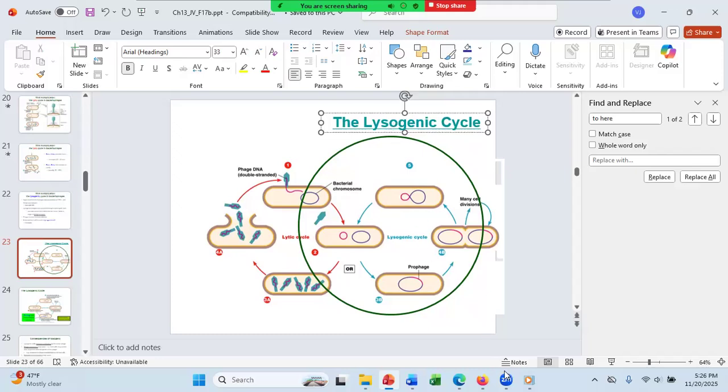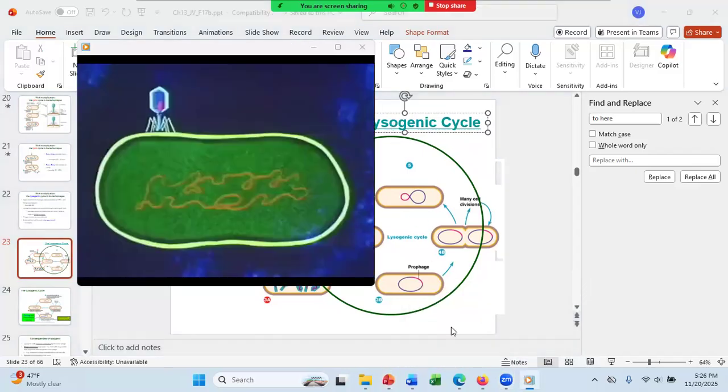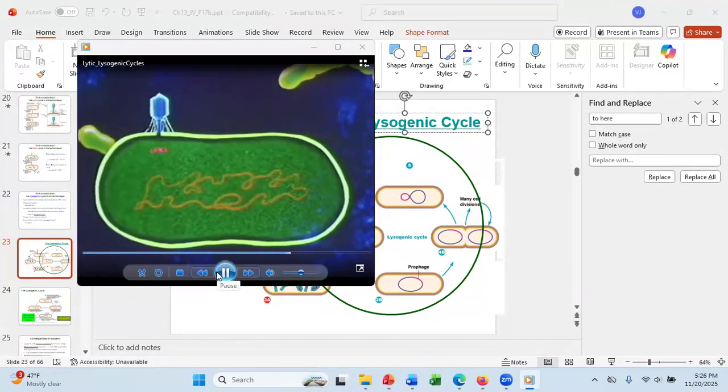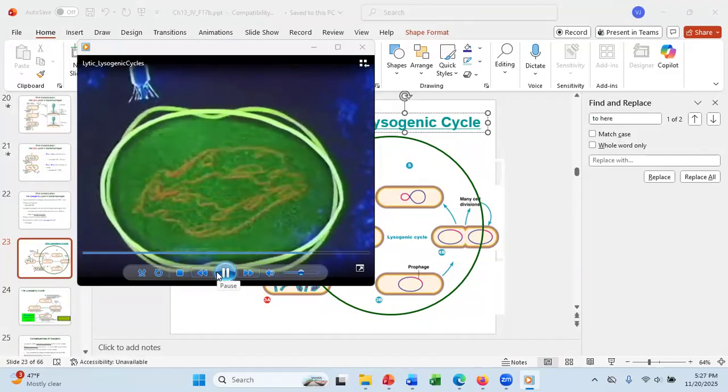All right, let's go back to the movie. Interestingly, the lytic cycle does not always happen immediately. Sometimes, rather than producing virions, phage nucleic acid incorporates in the host cell DNA. Now, each time the cell divides, the phage DNA is also reproduced and is spread to more and more cells.